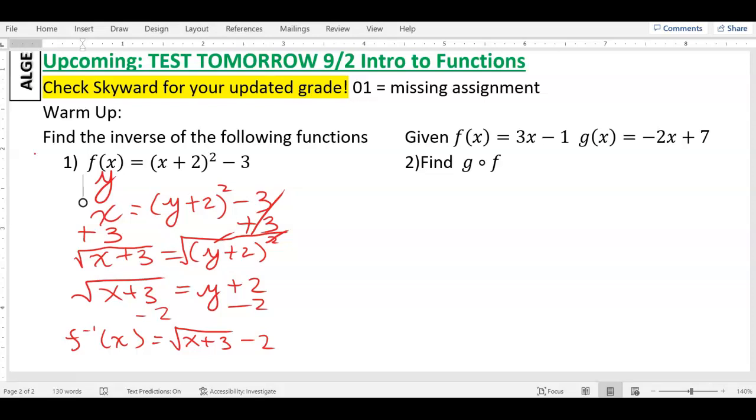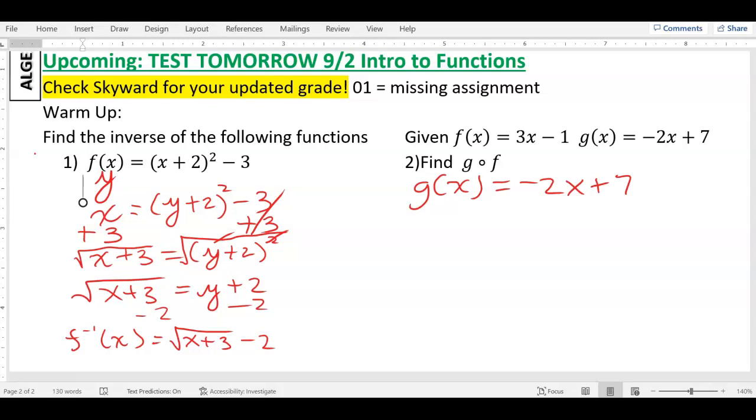So G of x. Let's write down that G of x function. G of x equals negative 2x plus 7. Does everyone see that I wrote G of x first because it started with the G? G first. Cool? Step 2. I need to get rid of the x and replace it with some space.